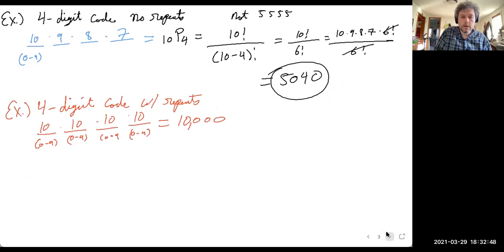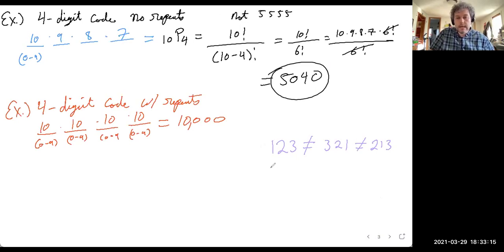Okay, what am I talking about? Order matters. I'm saying that the code, say the code 1, 2, 3 is not the same thing as 3, 2, 1. That is not the same thing. And that is not the same thing as 2, 1, 3. Those are not the same numbers, and order matters.